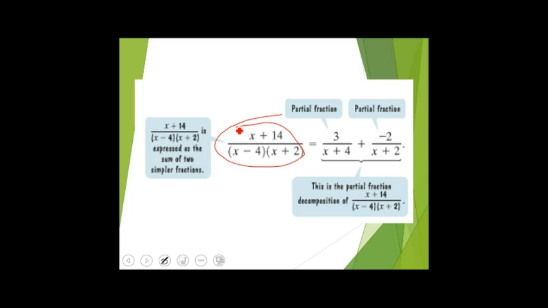This rational fraction can be expressed into two simpler fractions, which are 3 over x minus 4 and negative 2 over x plus 2. These simpler fractions are called partial fractions.